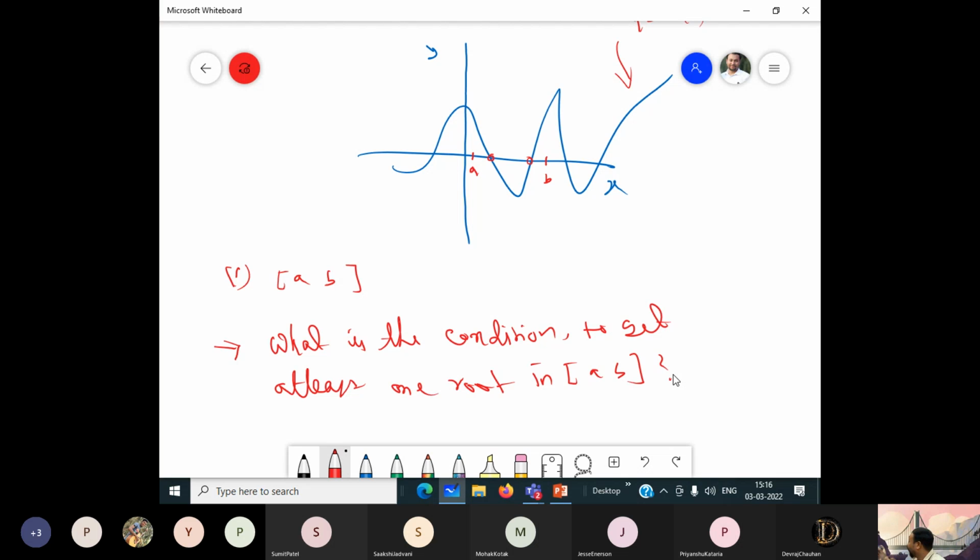Got the point? Why? Because f of x is equal to 0 should be there. So this type of small question will come up, and the foundation should be clear, then only I can write it in the examination.